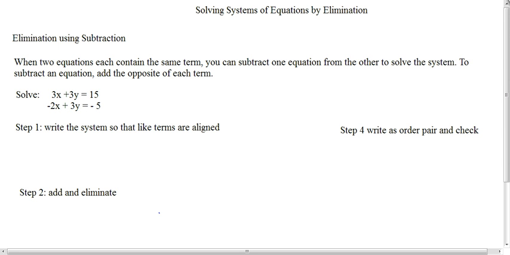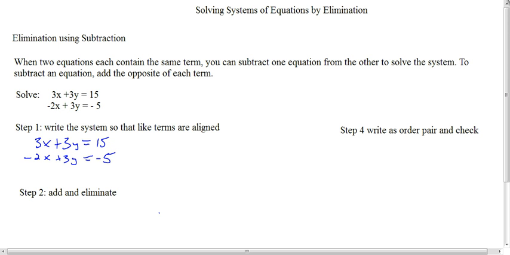That tells me I want to make one of these 3y's the opposite. So let's write them so the terms are lined up: 3x plus 3y is equal to 15, and negative 2x plus 3y is equal to negative 5.